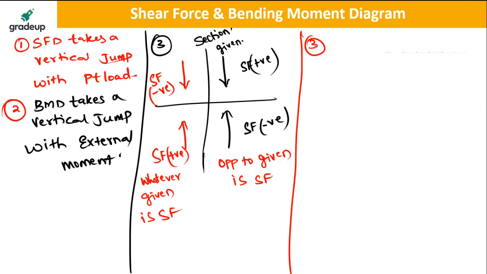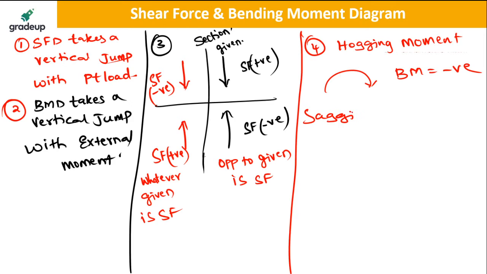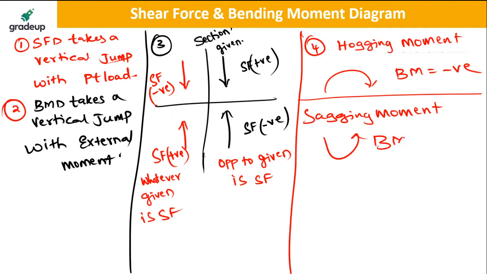Third point. Fourth point: for hogging moment, like this, the bending moment is negative. For sagging moment, like this, the bending moment is positive.